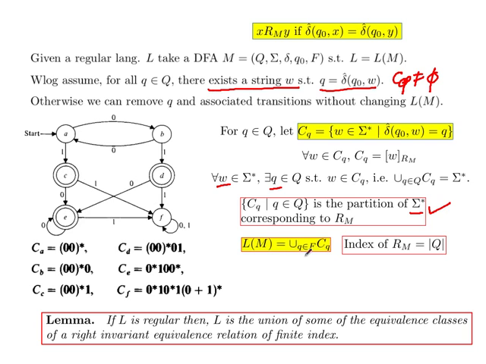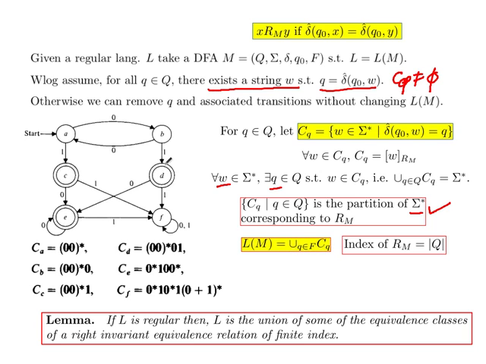So you take all these final states, and you take the union of the sets of strings corresponding to them. A string either takes you here or here or here, and all the strings that take you here are CC, all the strings that take you here are CE, and all the strings that take you here are CD. So the language itself is just the union of CC, CD, CE.